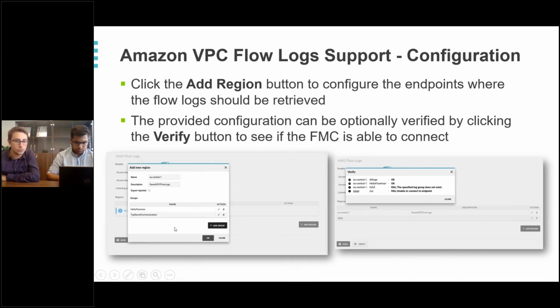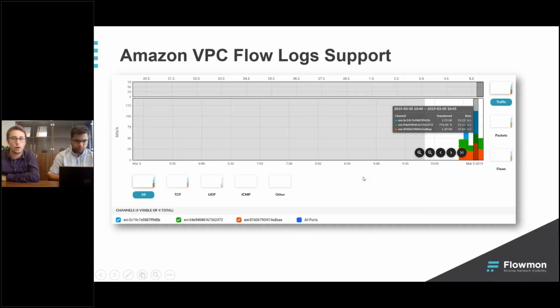Once you do so, there is a connection check that tries to connect with the credentials you provided to the data center you specified. And if everything is working correctly, you have started receiving flow logs from the Amazon private cloud.